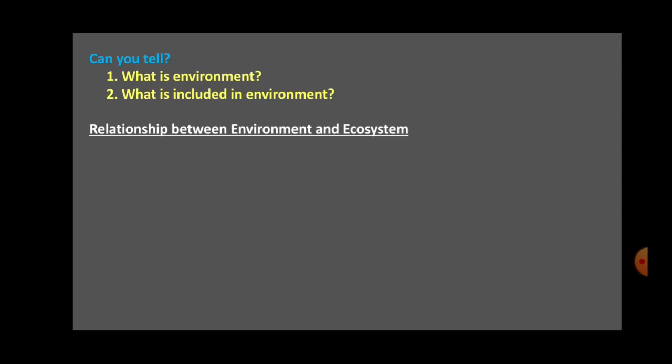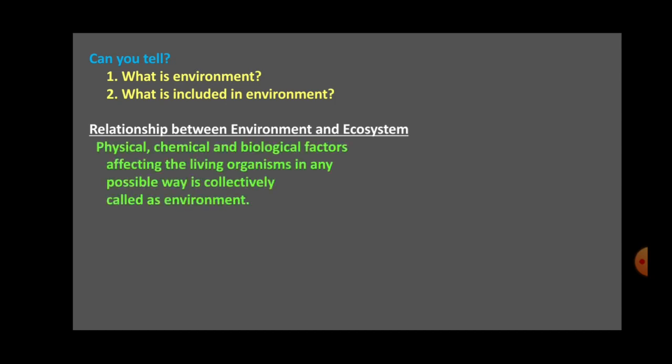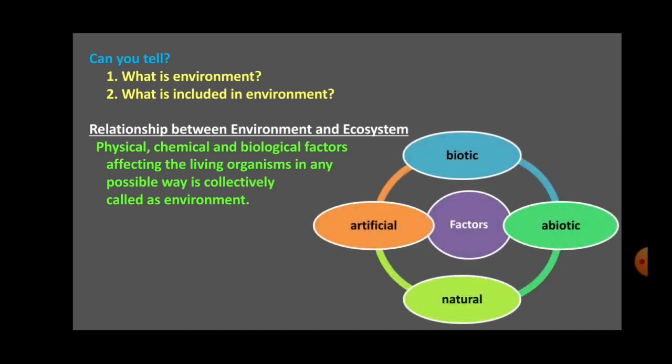Also you can say, like we studied, the conditions in our surroundings, right? Now it includes biotic, abiotic, natural and artificial factors as well. Biotic is living, abiotic is non-living, natural is what is already available in nature, and artificial is that which is created by humans. Clear? Okay.